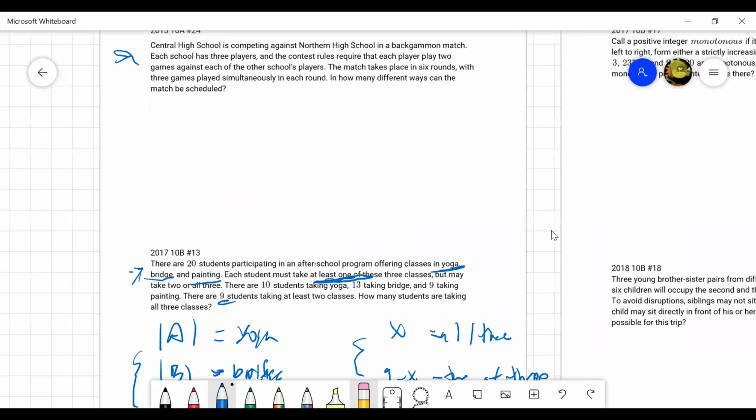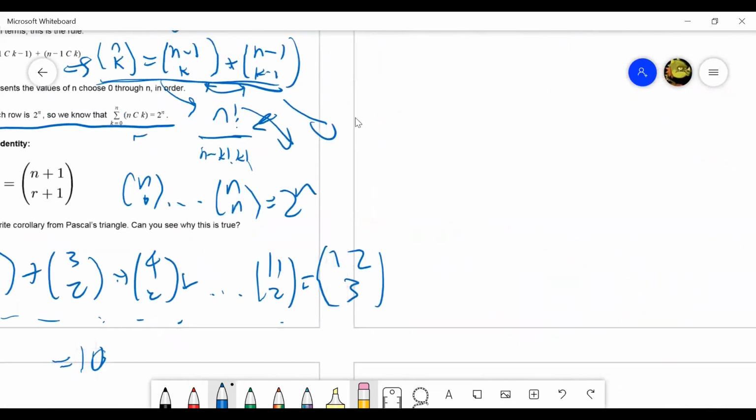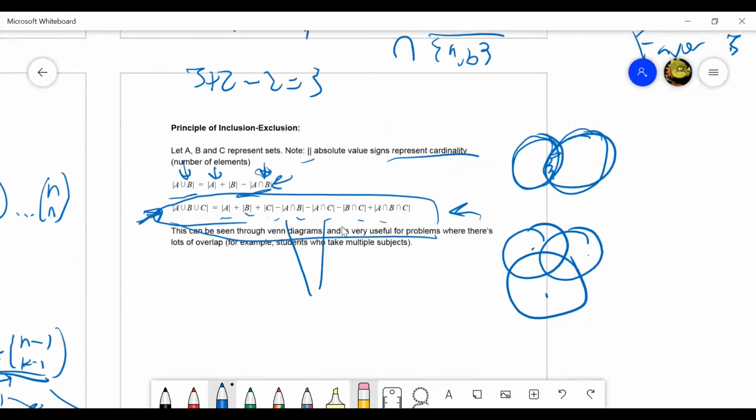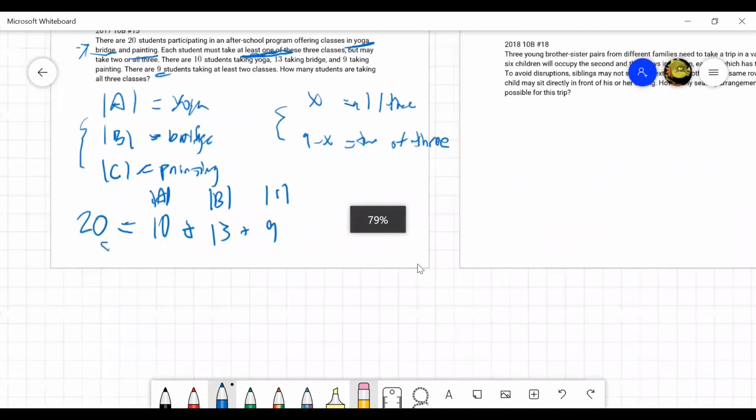The reason I split it up like this is because if we go up to the principle of inclusion and exclusion, you'll see that all three of the intersections of two classes have a minus sign, while this last term has a plus sign. So that's why we have to make that distinction, and split it up into x and 9 minus x.